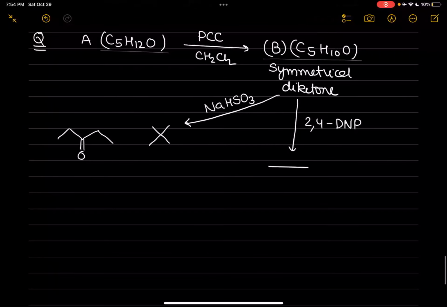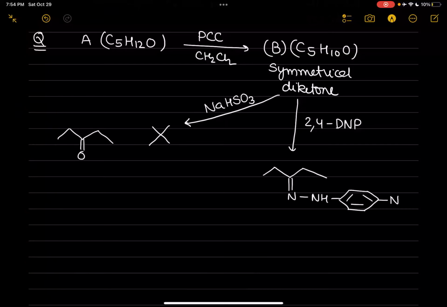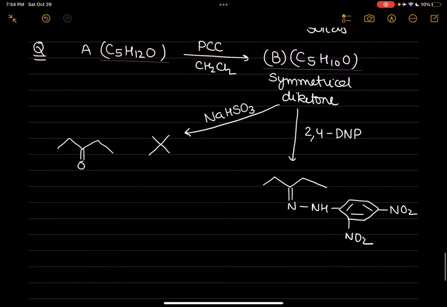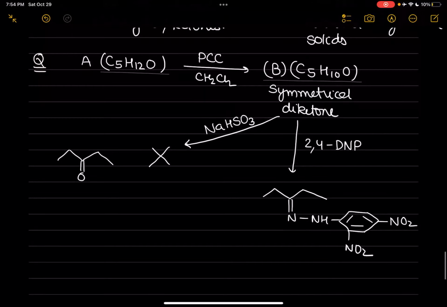And what are you going to get if you react it with 2,4-DNP? What's the product? So all aldehydes and ketones give this test. So remove water: O and H2 from NH. Is it clear? Yes, sir. And that's how we are going to write the product.